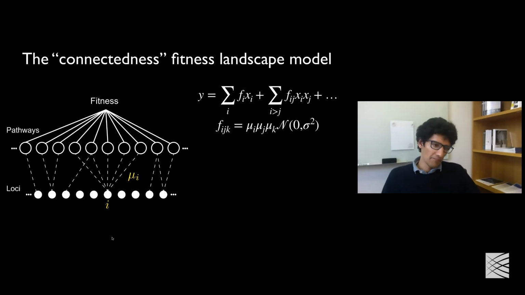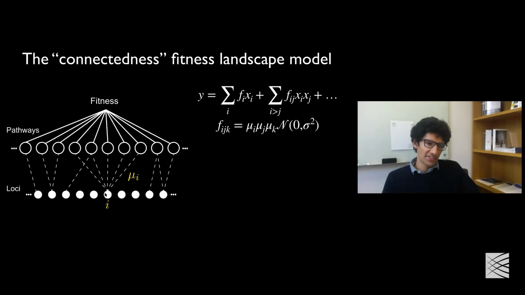So in this model, what you're seeing here is a specific fitness landscape. In this landscape, you're imagining that there are many pathways that contribute towards fitness, and each locus affects some fraction of all the pathways that contribute towards fitness. Specifically, we're assuming that you have this kind of representation of the landscape that I was showing you before. We are assuming that the epistasis terms are proportional to the probability that the different loci that contribute to that epistasis term interact, right?